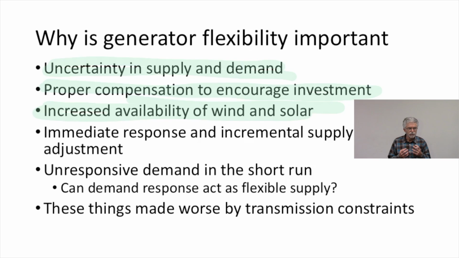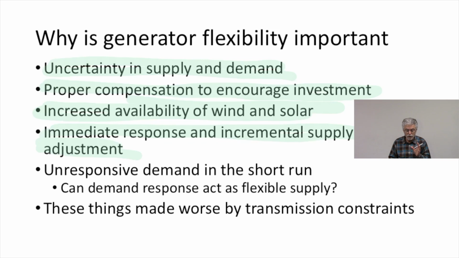And you think about managing the frequency of the grid as a sort of constant short-run management problem we have. And so having assets that can make immediate response, incremental supply adjustments as we work to manage the frequency on the grid is another reason why we need flexible assets.